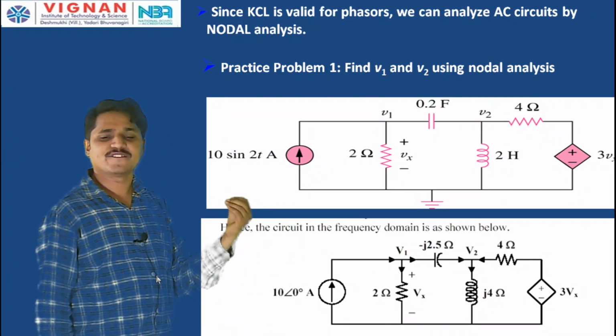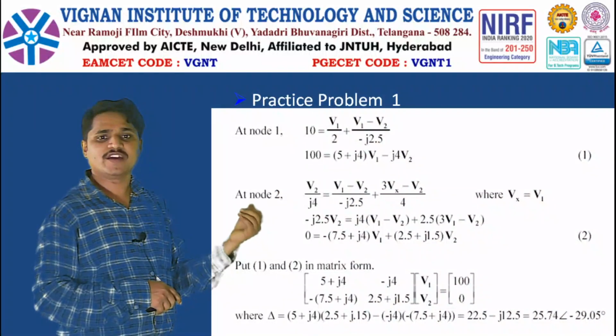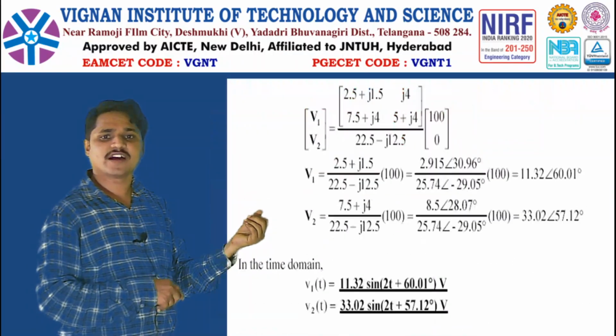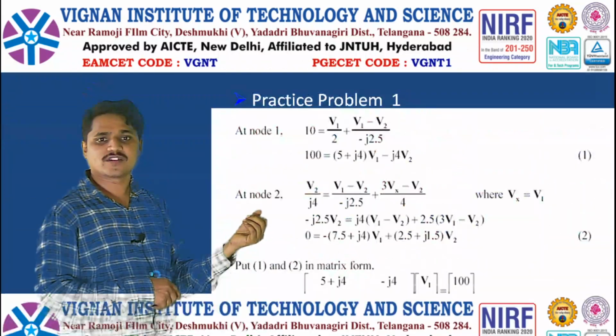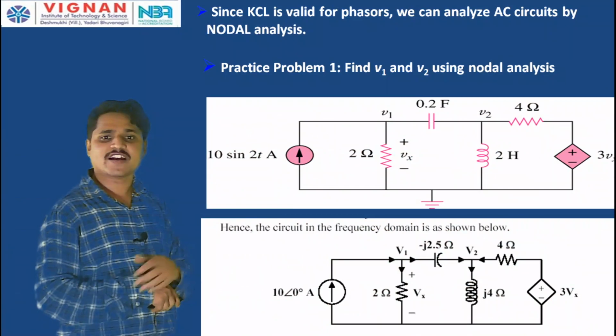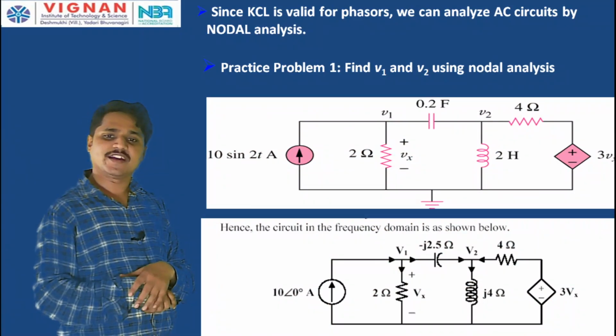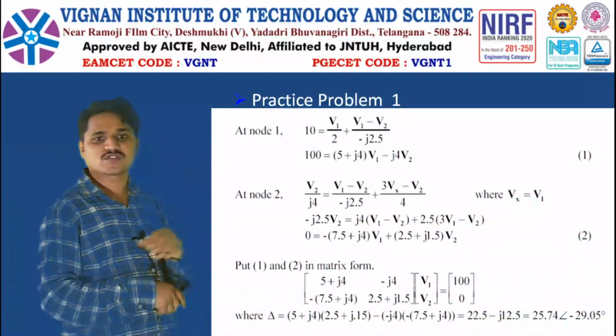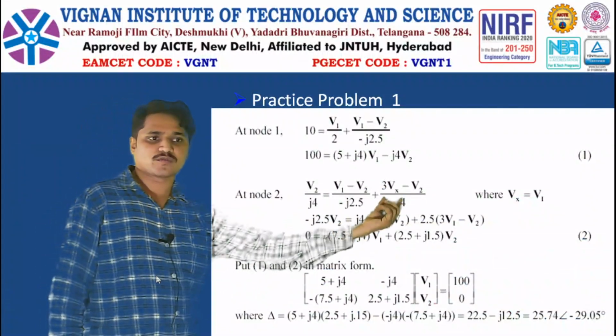Next, the current leaving toward the dependent source is 3Vx minus V2 by 4.